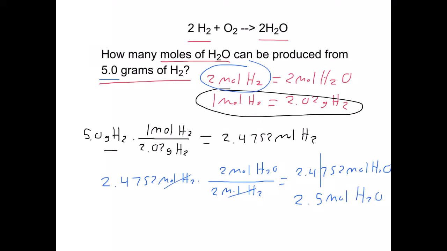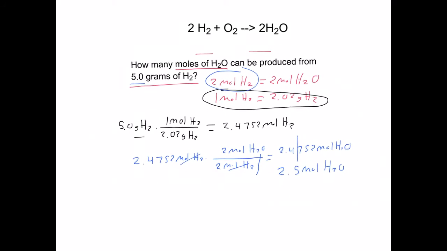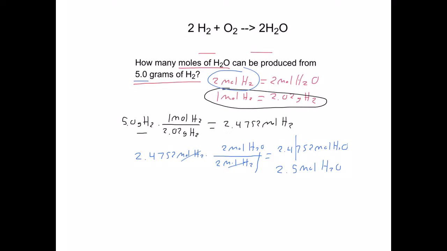Now, you can show the work in 2 different steps like that, but one of the other conveniences of factor label is that you can stack the different fractions together. So what we can do is instead of doing the 2 different steps, we could have 5.0 grams of H2 times our 1 mole of H2 over 2.02 grams of H2.